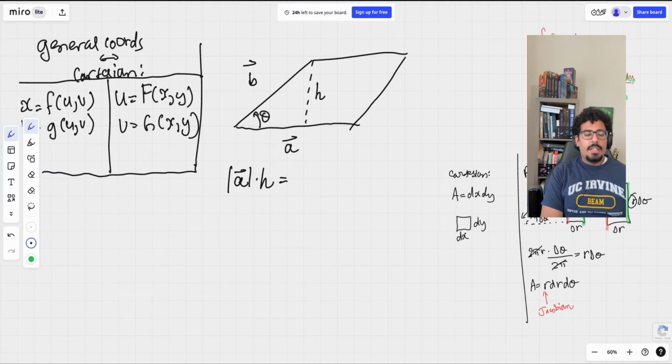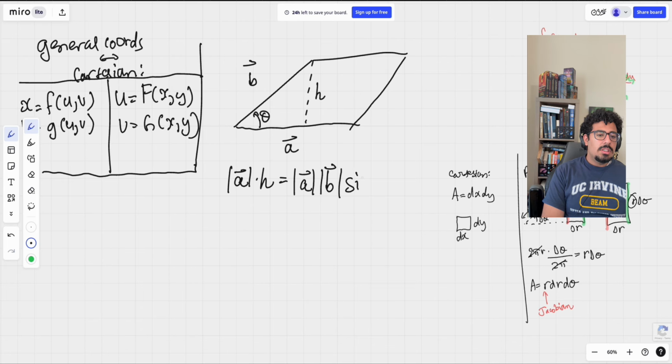And just using some basic trigonometry, we can find the height is equal to b sine theta. So we have the magnitude of A times the magnitude of B times sine theta. And the astute among you will realize that this is just the formula for the magnitude of A cross B.